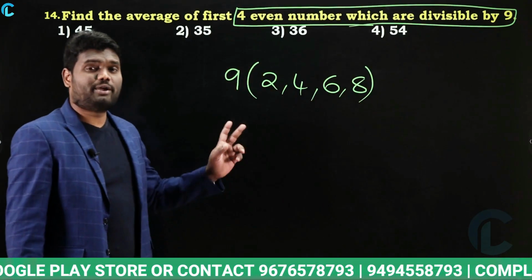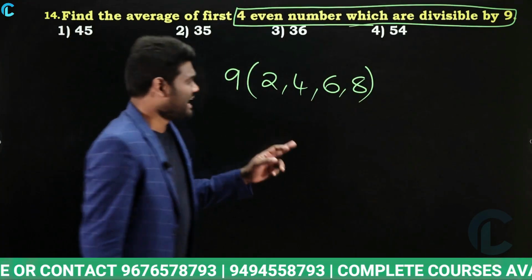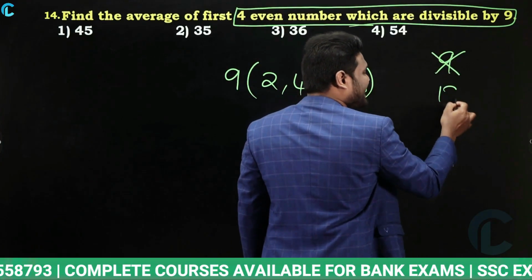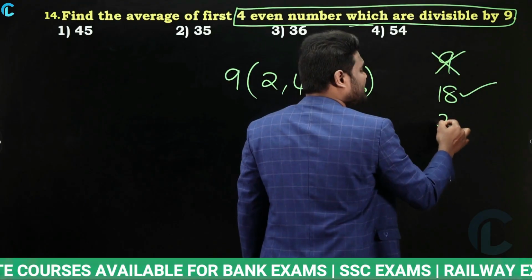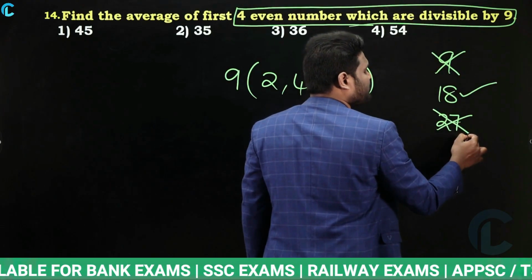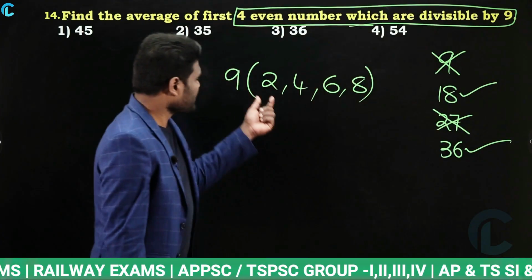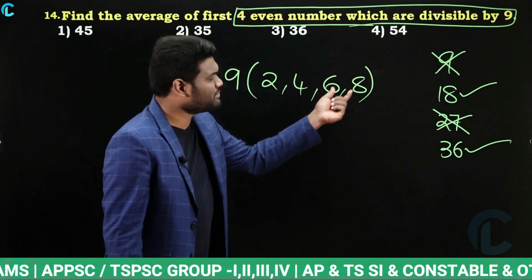Yes or no? Why? Because 9 one time is 9, and 9 is an odd number. 9 2 times is 18, it's an even number. 9 3 times is 27, it's an odd number. 9 4 times is 36, it's an even number. So there is the reason for 2 times, 4 times, 6 times, 8 times.